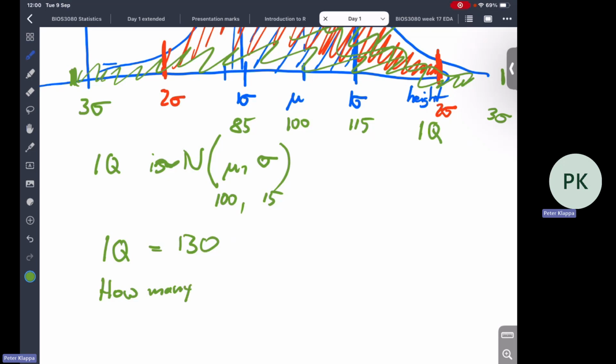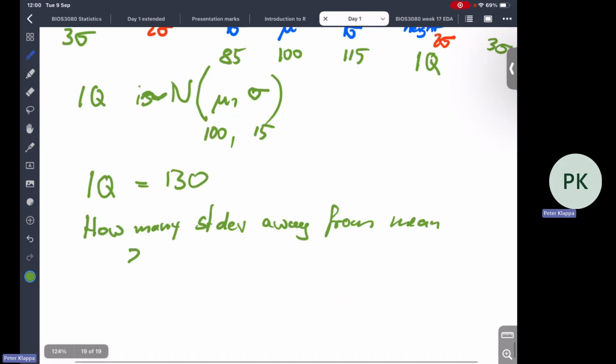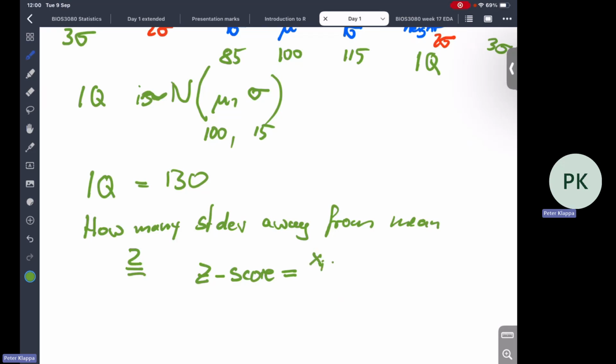How many standard deviations away from mean? And you're absolutely right. The answer is 2 standard deviations, right? What you just did was you calculated what is called a z-score. The z-score is defined as your observation minus the mean divided by the standard deviation.